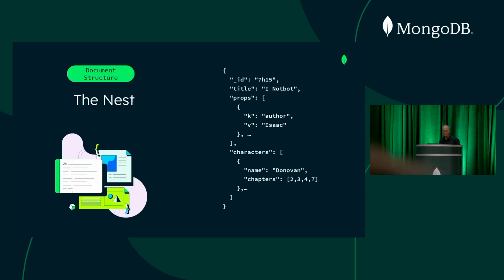And finally, the third major pattern is the nest. The nest is a set of a set. The nest has within the top level fields a more complicated subdocument of sorts, or an array. And within it, elements are complex by themselves.